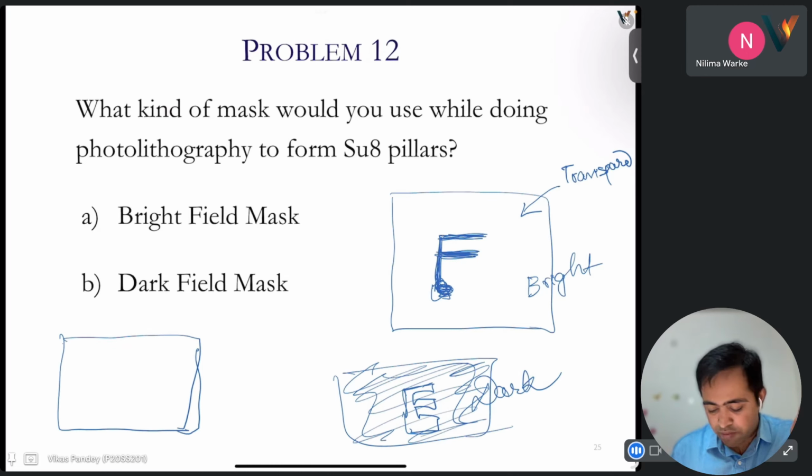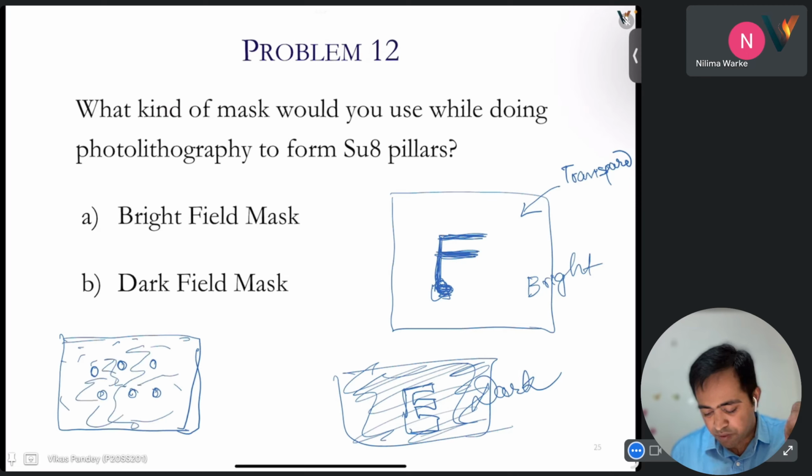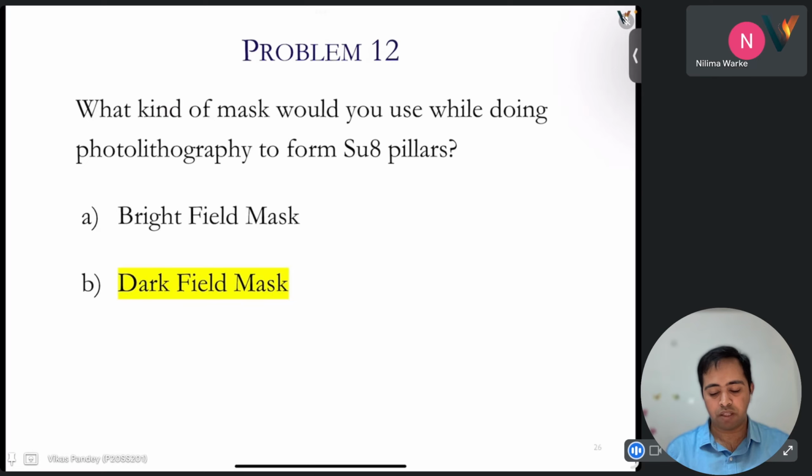So we can have a complete dark field with some circular structures. Only the exposed area will remain, and the other area will dissolve. So it will be a dark field mask.